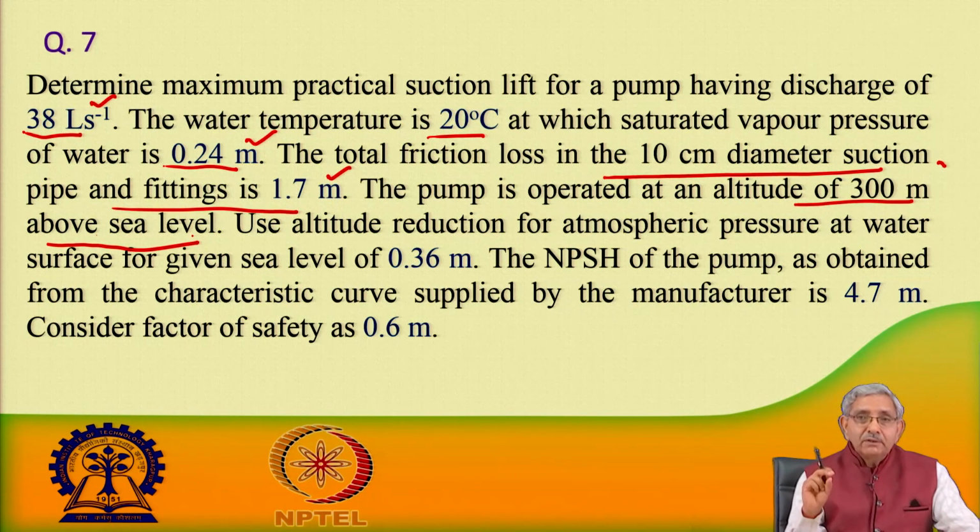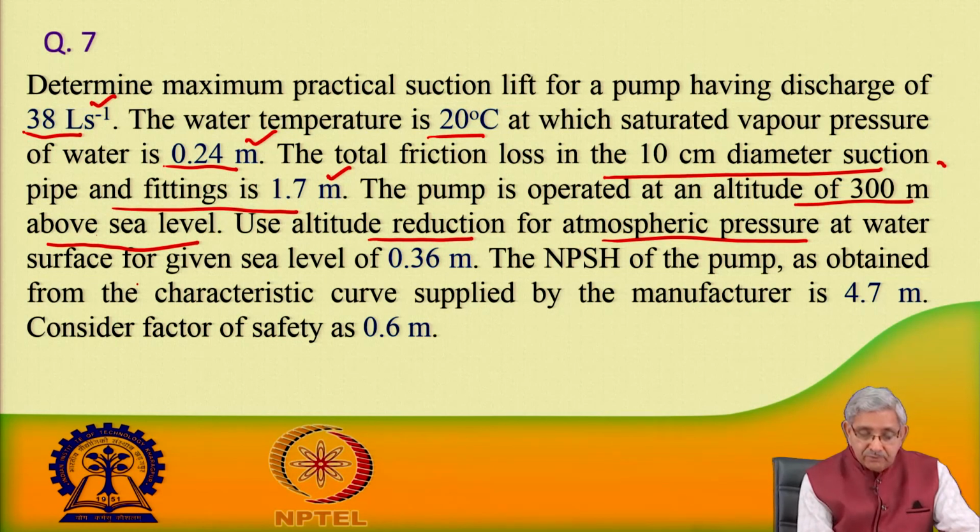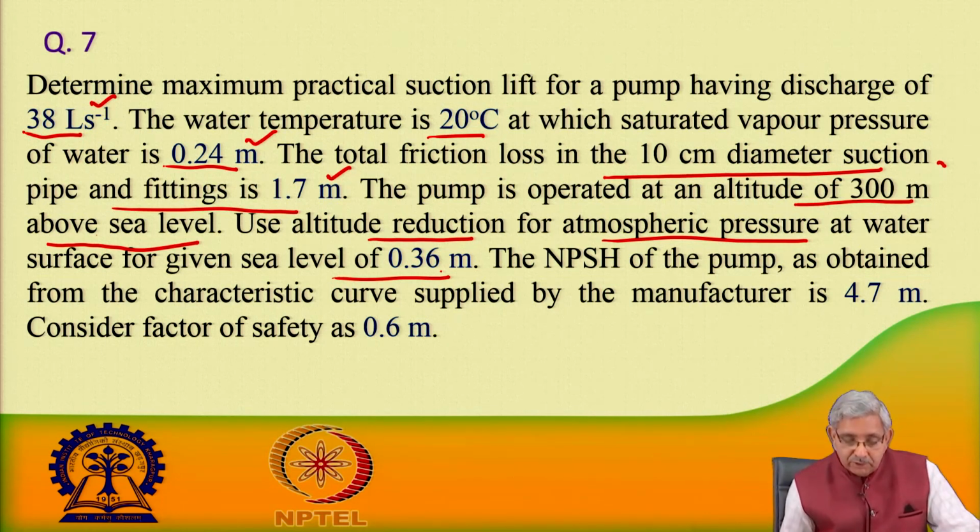So, here is one important point: when we are going above sea level, the reduction in atmospheric pressure is known, that is 0.36 meter.